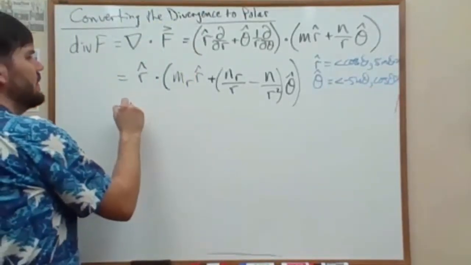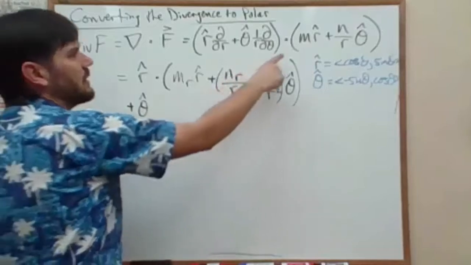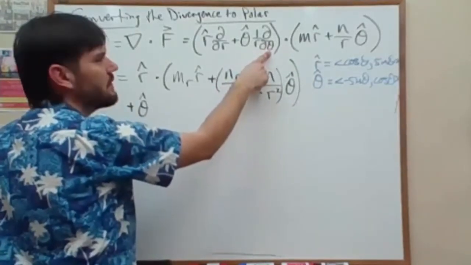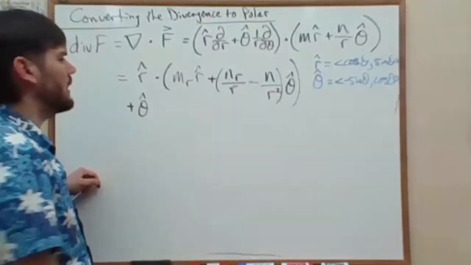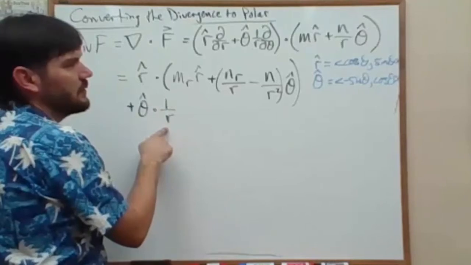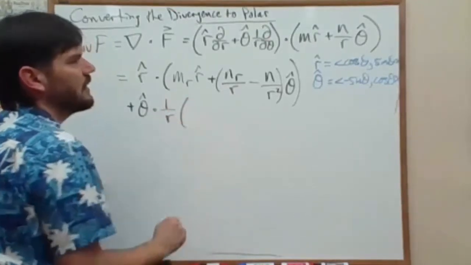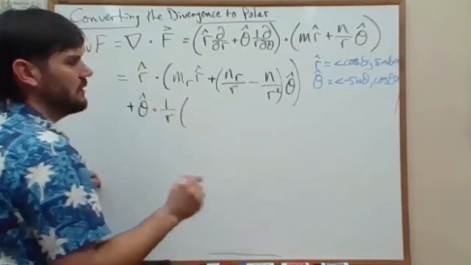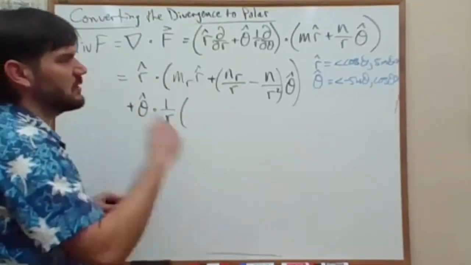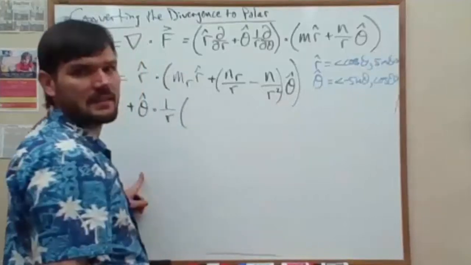Then we add the dot product with theta hat. So we're going to first take the derivative in terms of theta and then divide by r. So working backwards, I'm going to multiply by 1 over r after I've taken the theta partial of each piece. Let me go through and take the theta partial of r hat and theta hat separately.